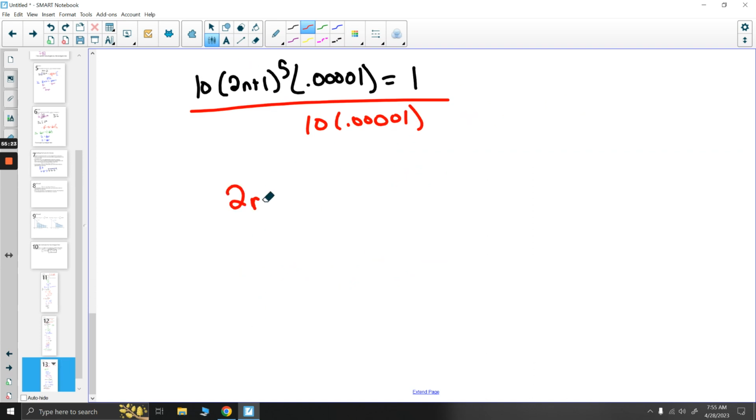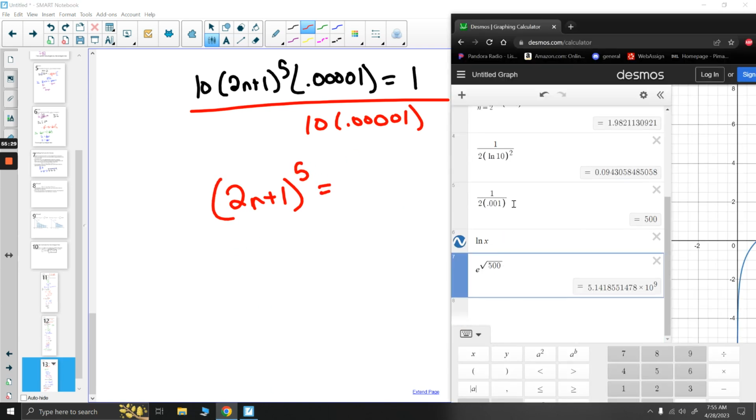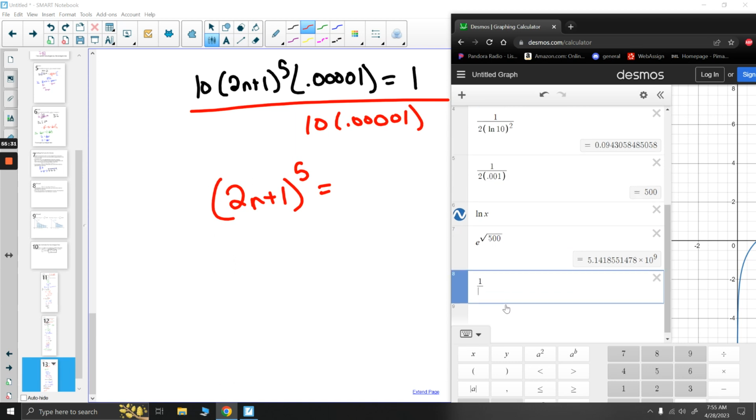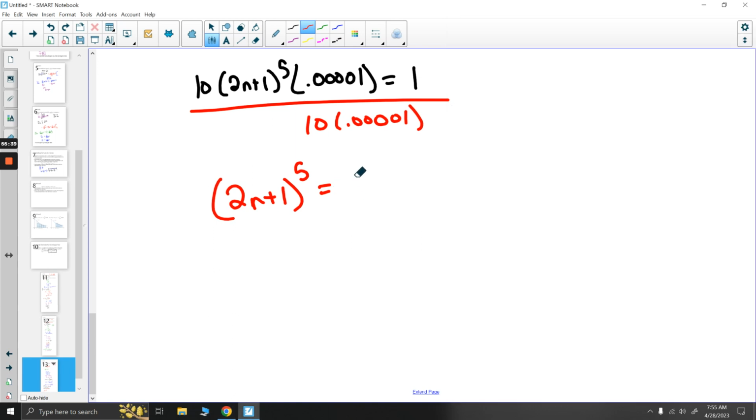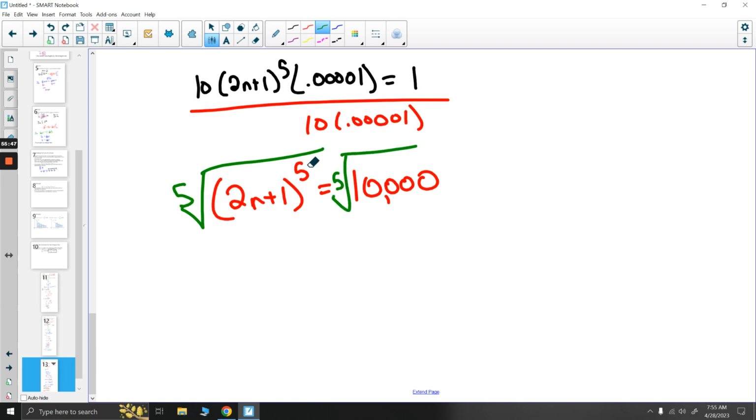Okay, 2n plus 1 to the fifth is equal to 1 divided by 10 times 0.00001, which is 10,000. Okay. So now, to solve this, we're going to take the fifth root, and it's only positive because it's an odd root.